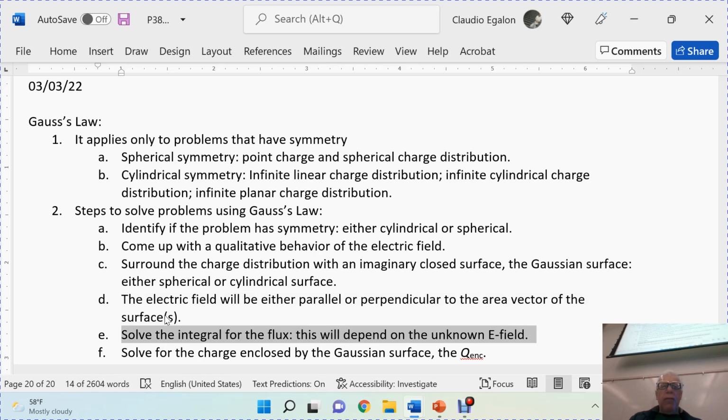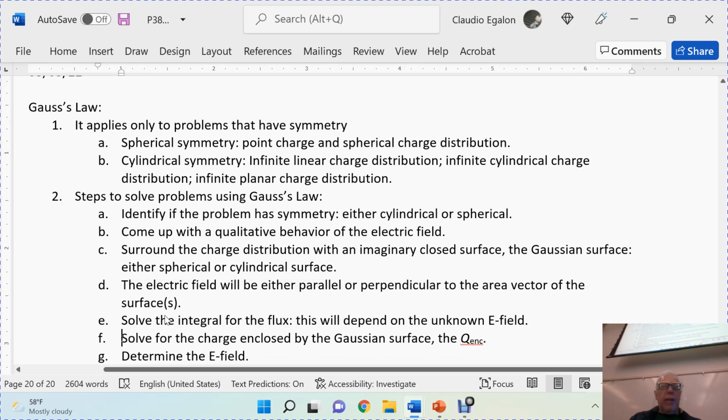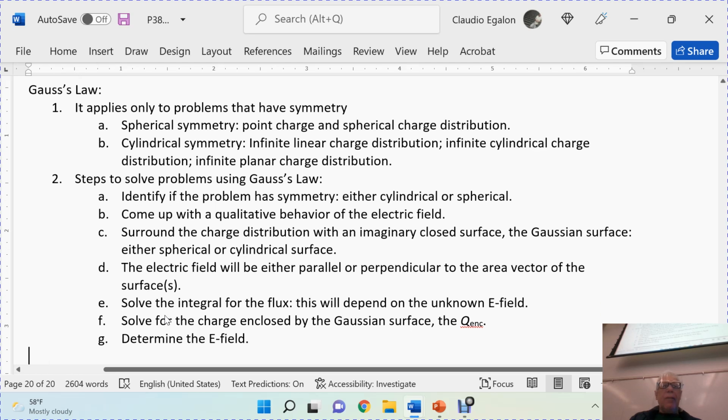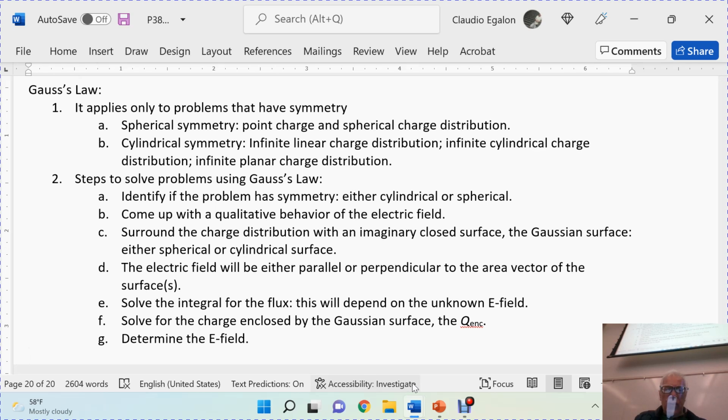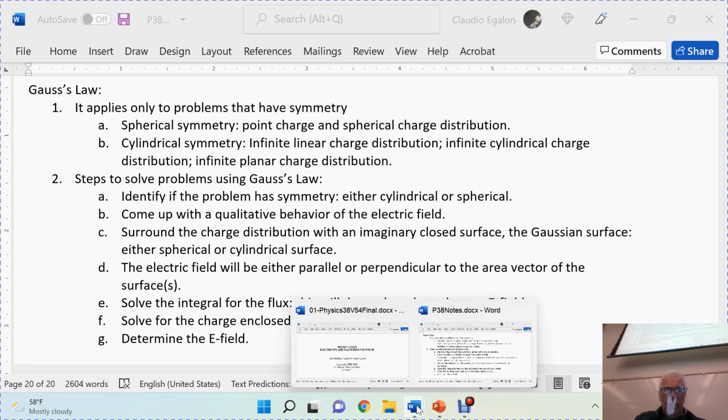The integral of the flux will depend on the unknown electric field. Then find the charge enclosed by the Gaussian surface, Q enclosed, and determine the electric field from the two sides of the equation. That's how we solve this type of problem using Gauss's law.